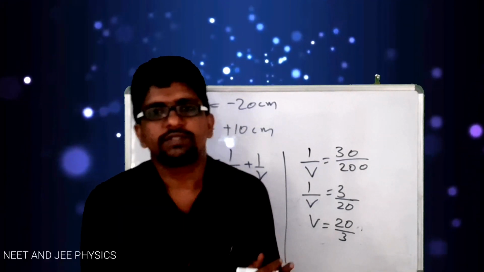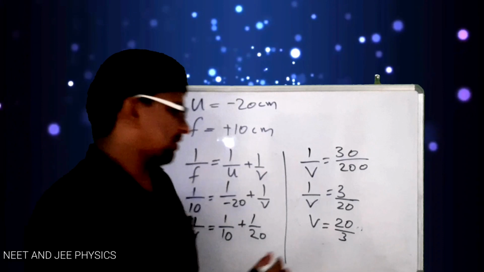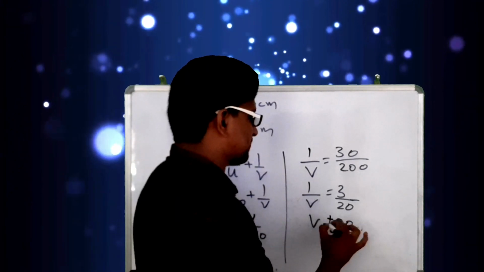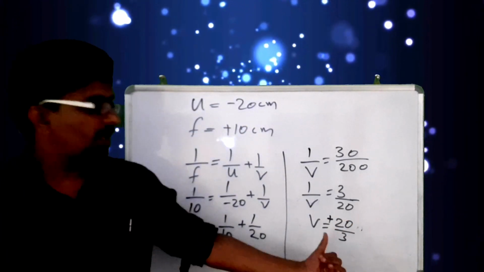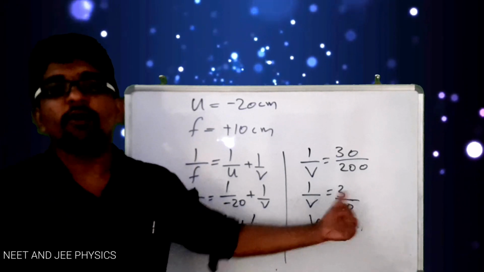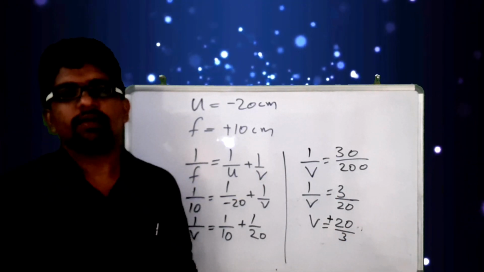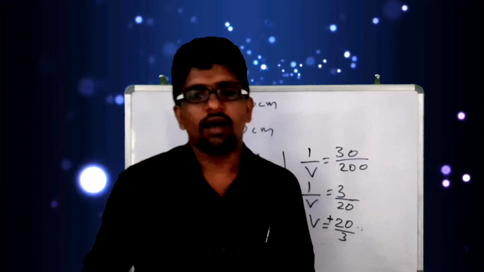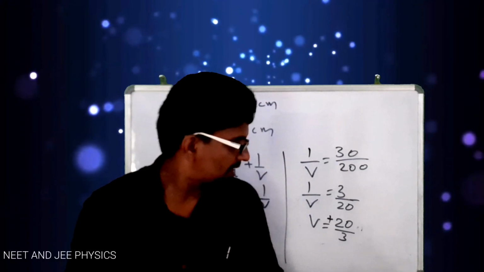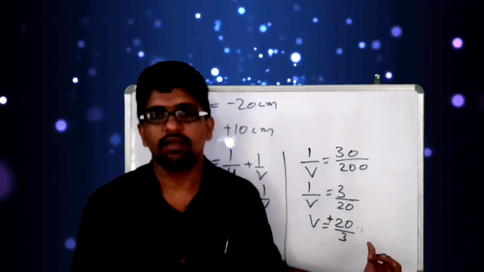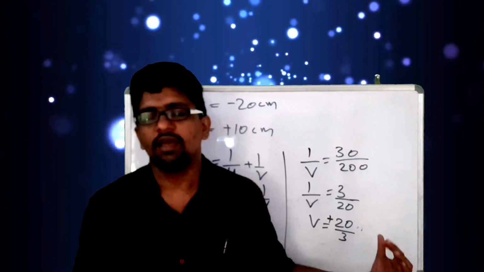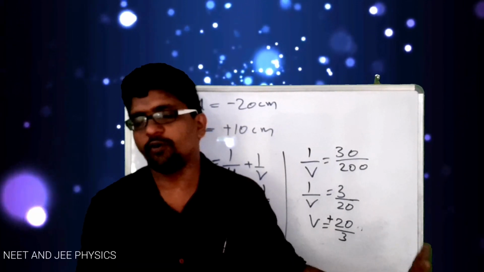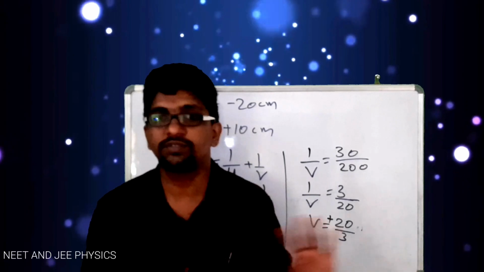So the image is formed. Actually, the sign of this value is positive, so the image is formed behind the mirror. So our answer is behind the mirror. The virtual image is only formed behind the mirror.